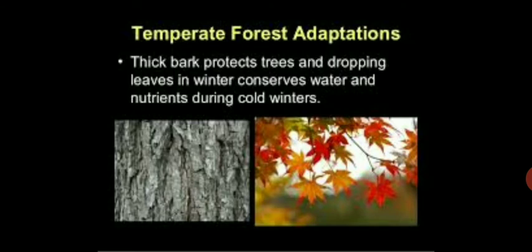Because of this thick bark, the water can be conserved or safely kept inside the stem during cold winters. Clear? And it also has some nutrients inside which help the plant to stay alive during the cold winters.